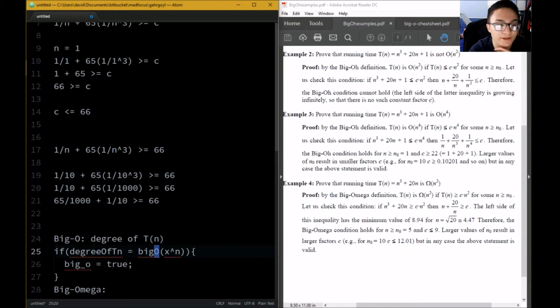So for it to be true, you want the big O of your n to be greater than or equal to the degree of the equation, for big O to be valid. Okay.